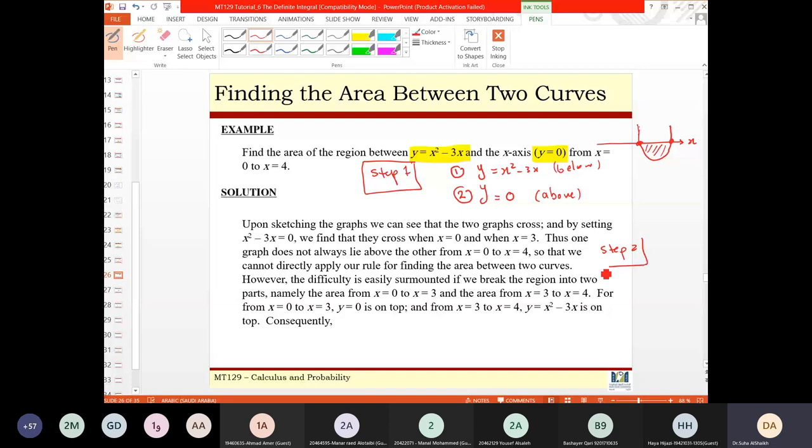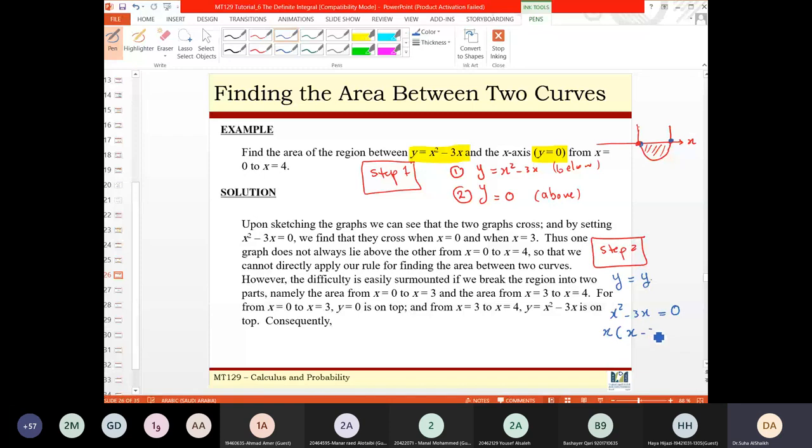Step 2, I'm going to find this point and this point. So I'm going to let y equal y. I'm going to let x squared minus 3x equal the other y, which is 0. I have to solve it. How can I solve it? By taking a common factor. Take x common.